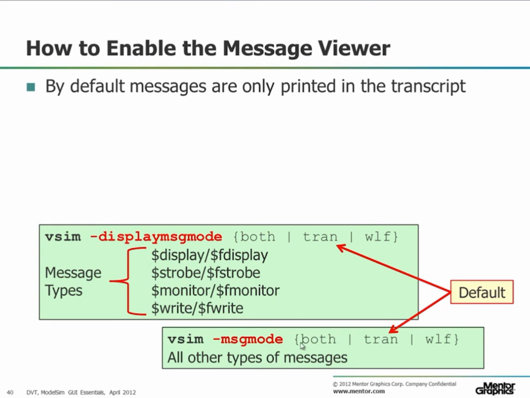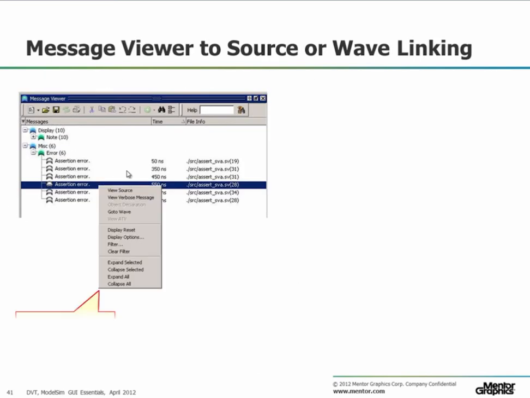And then the other switch controls assertions, so SystemVerilog assertions and the VHDL assert statement are controlled by message mode. In VHDL, you need to use either assert or report to get those messages into the message viewer. And then all of the messages of particular categories get thrown in.